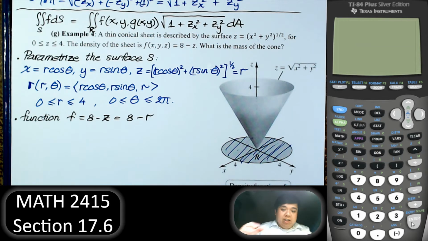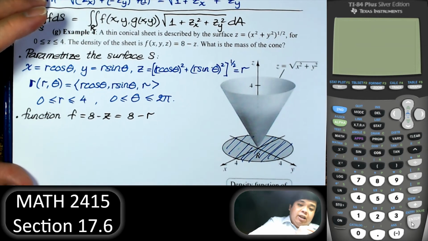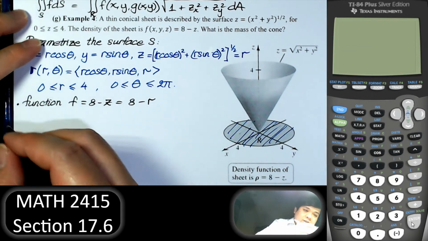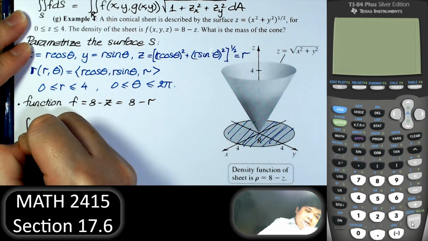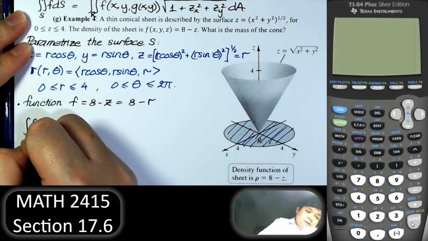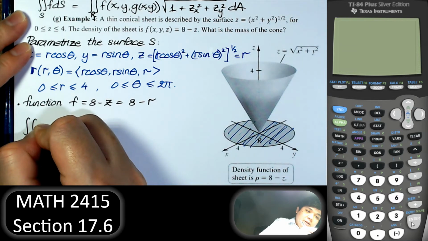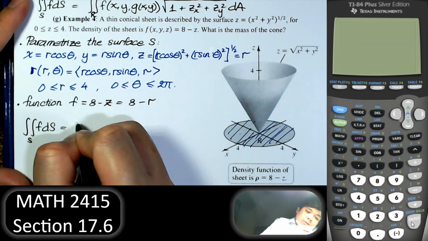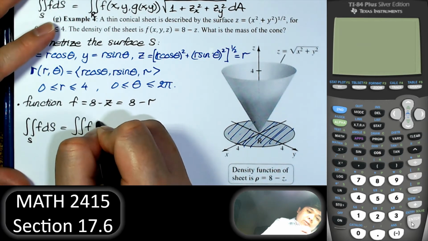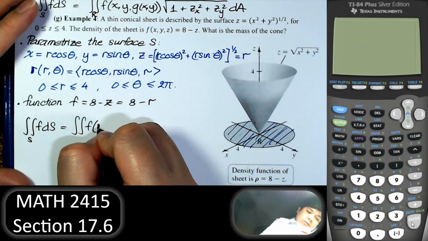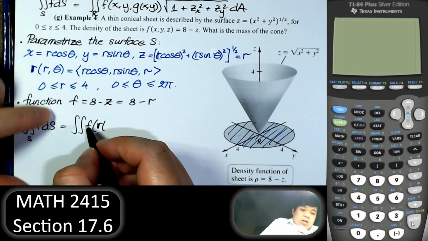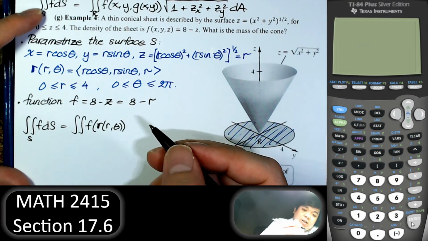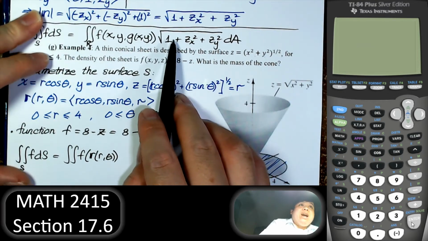Now we put everything into the surface integral. We write f in terms of the two parameters, and then we can find the normal vector.